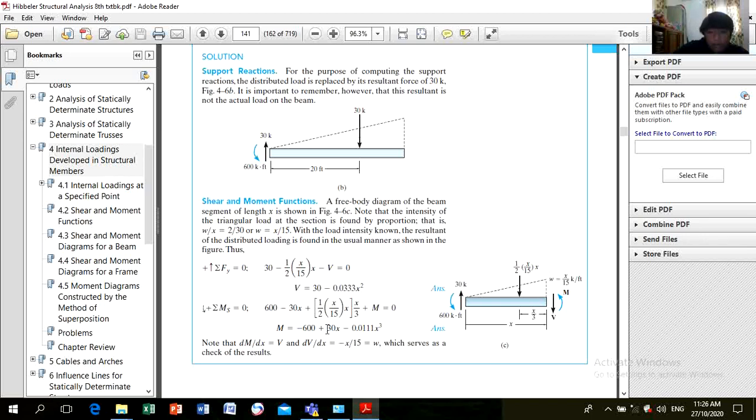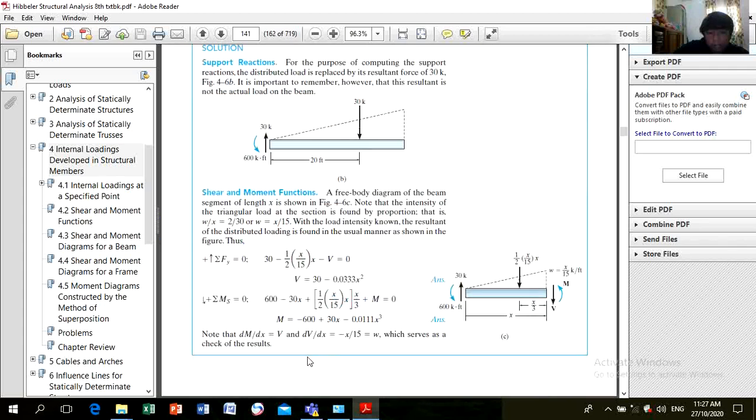So now, summation moment at the cut section is 600 minus 30 times x plus 1/2 x over 15 times x times x over 3. So moment is negative 600 plus 30x minus 0.011 x cubed.